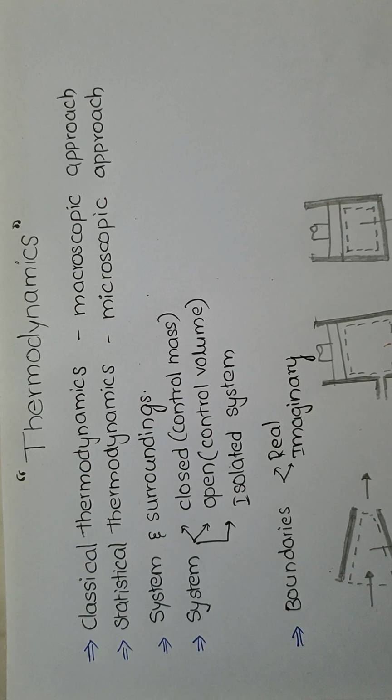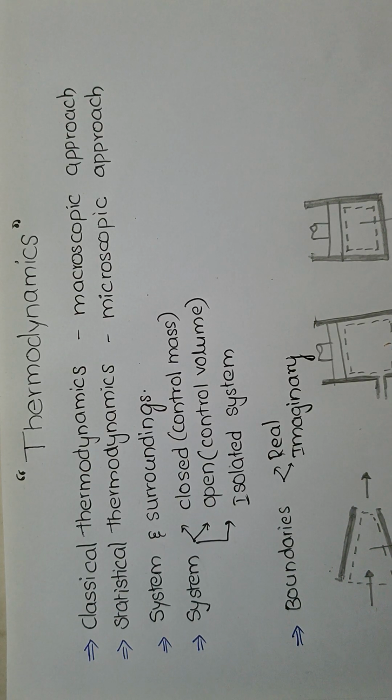If you observe the molecular level activity and study that, then that kind of study is called statistical thermodynamics. If you observe it at the macroscopic level or with a macroscopic approach, then it is classical thermodynamics.